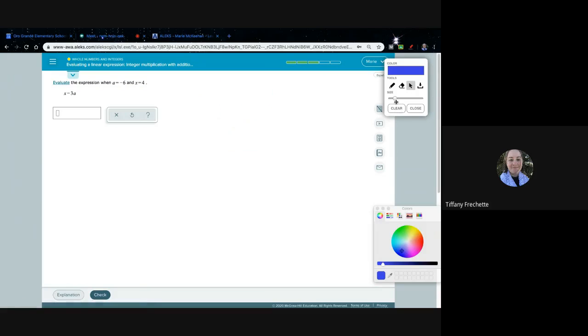Next, clear this out. Now instead of A, I'm going to put negative 6, and instead of X, I'm going to put 4. We start off with X, so I'm going to put 4 minus 3. The 3 was already in the expression. And then instead of A, I'm going to put negative 6. So I have 4 minus, so I have negative 3, because minus and negative actually mean the same thing.